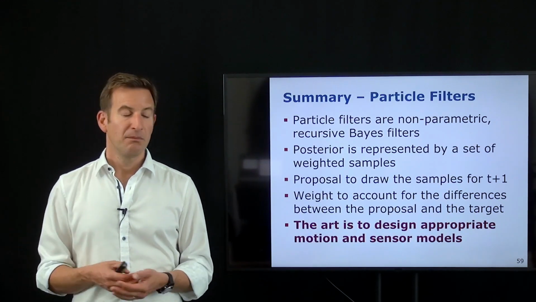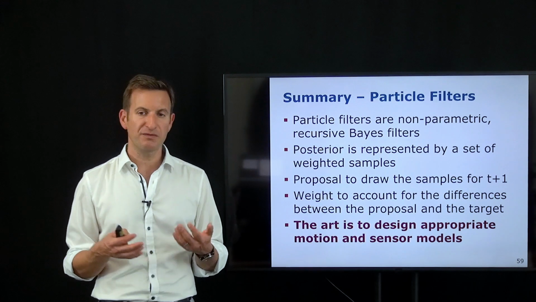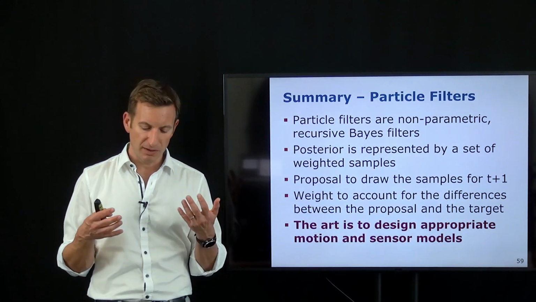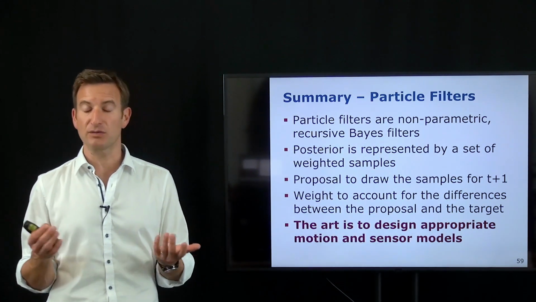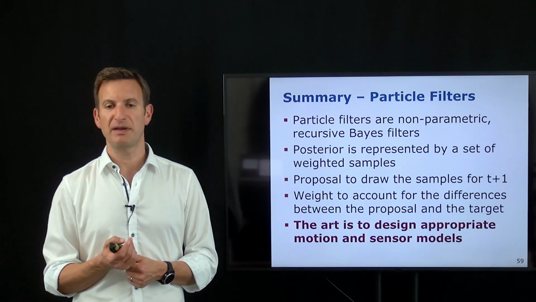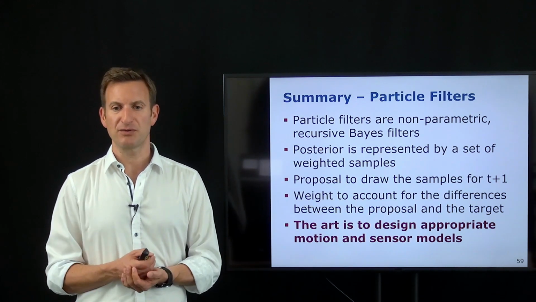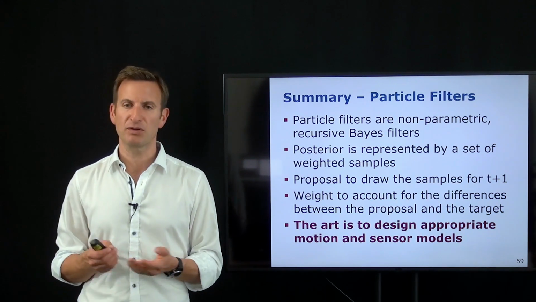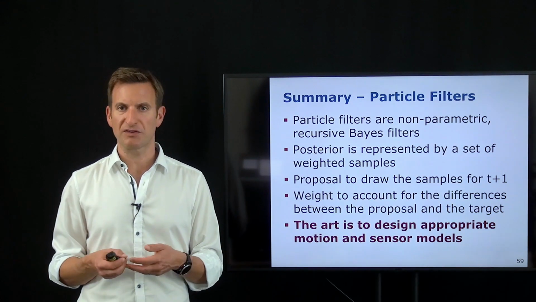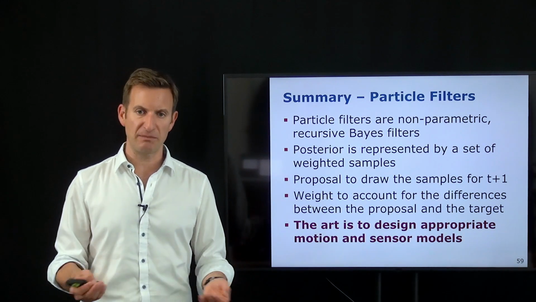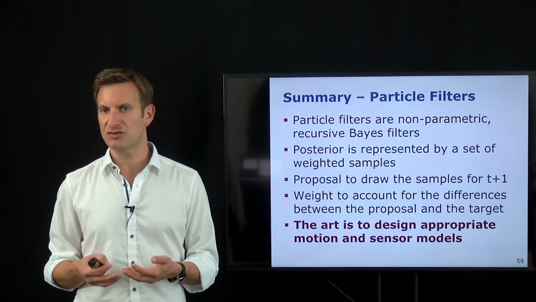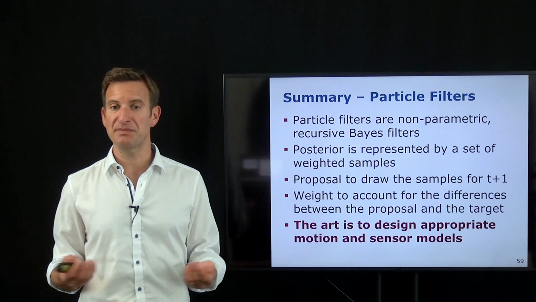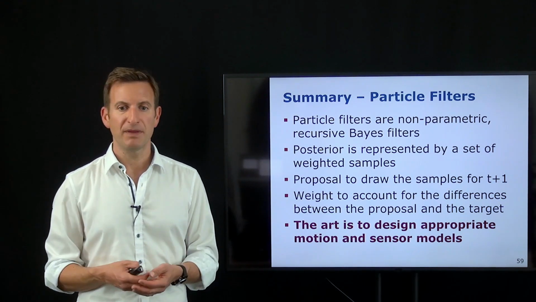So in sum, particle filters are an implementation of a recursive Bayes filter that can deal with non-parametric distributions. As you have also seen, we haven't made any assumptions about linearity of models. So motion models can be non-linear as long as I can sample from them, which can also be an advantage, so that I can represent, for example, my banana-shaped distributions very well.